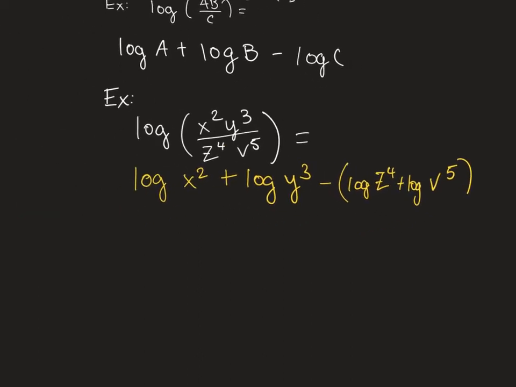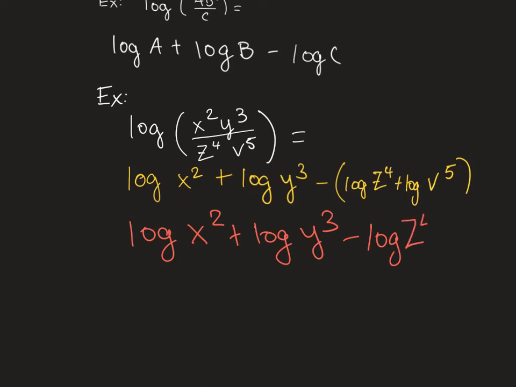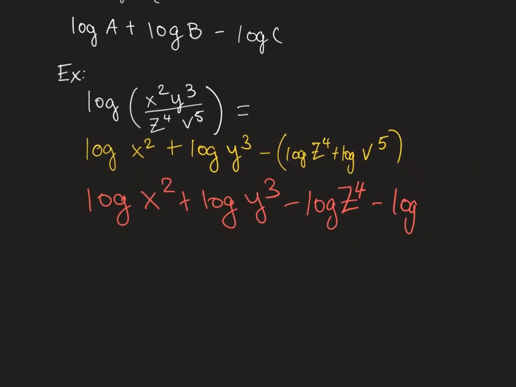Okay, here that's very important to understand. That's plus, but when you subtract, you're going to get a change. If we go back to it, it's going to be log of x squared plus log of y to the third minus log of z to the fourth. And again, you're distributing that negative: minus log of v to the fifth.